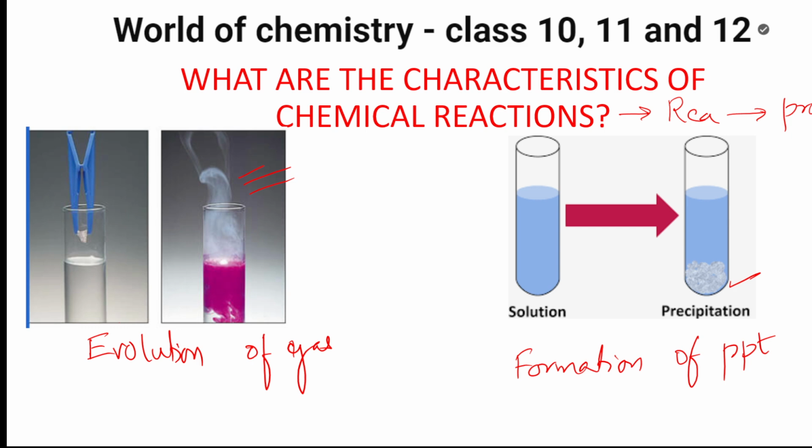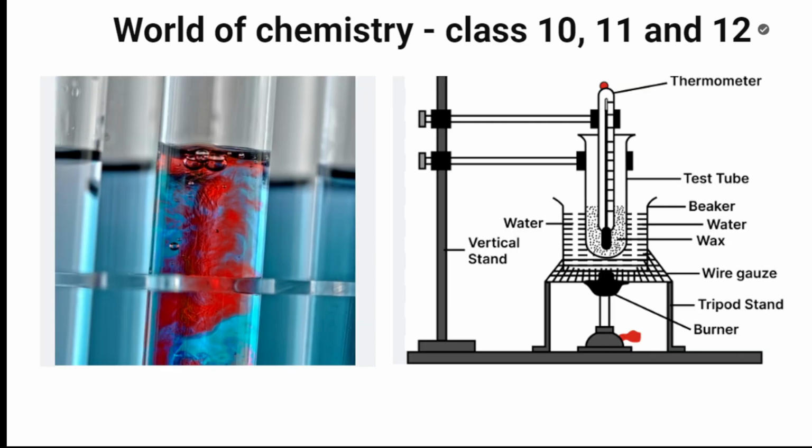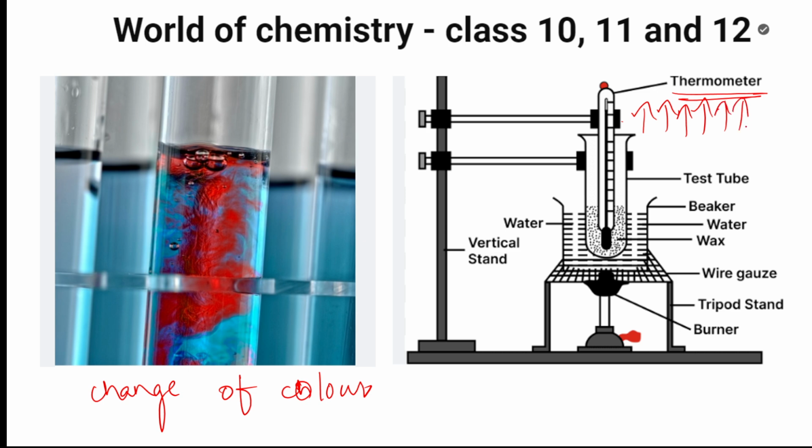The third characteristic is that you observe a change in color. Earlier the solutions were blue, and gradually after the reaction happens in the test tube, there is a change in color. Next, as the reaction proceeds, when you dip the thermometer, you find there is an increase in temperature in the test tube.